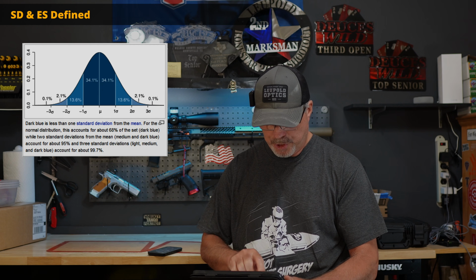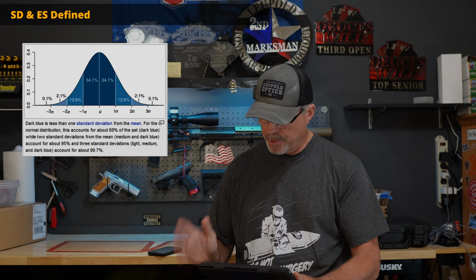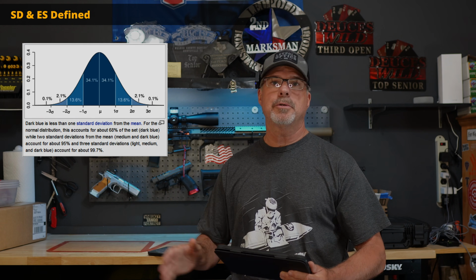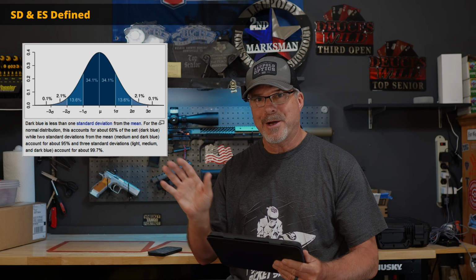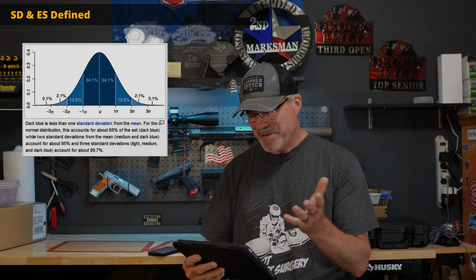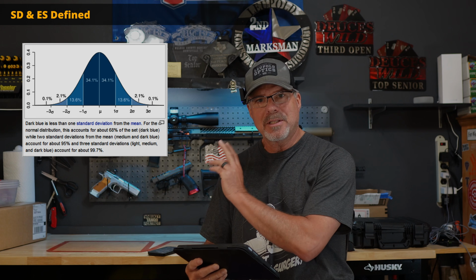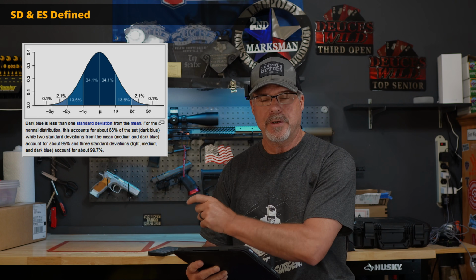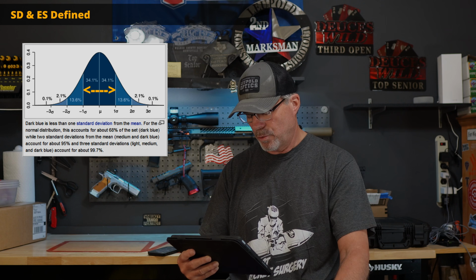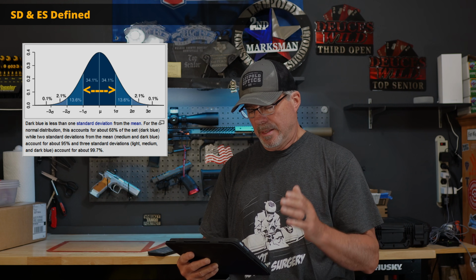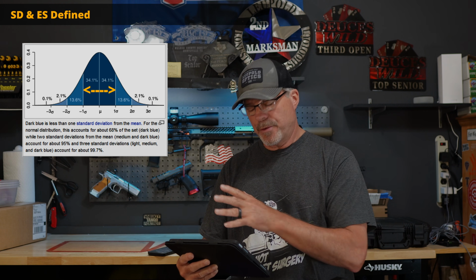I'm going to bring up a chart. This is called a normal distribution curve. Don't get glossy-eyed on me, we'll go through this pretty quickly. You can read it down here. Look at the two dark blue columns in this graph that say 34.1 and 34.1.